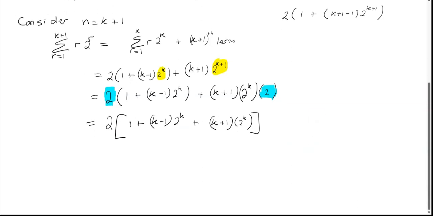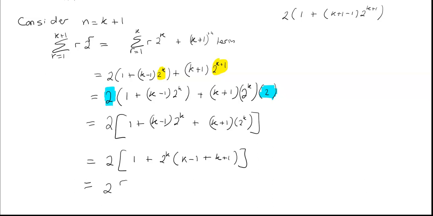Now both of the second and third terms have got 2 to the k in them. So let's take out 2 to the k. The first bit I'm left with k minus 1. And then the second one, I've got a k plus 1. And if I simplify this, clean this up, I'm going to get 2 to the k times, and it looks like 2k.